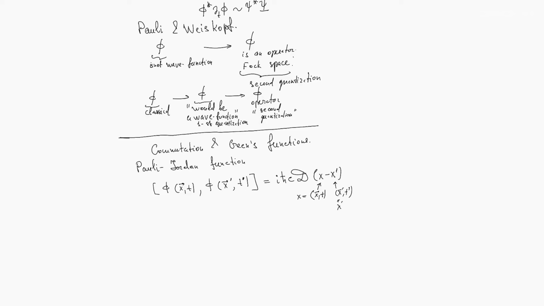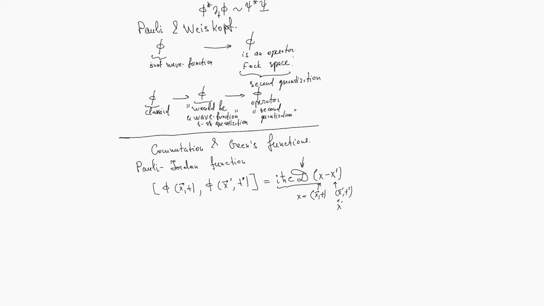By definition, it's a commutator of two quantum fields at different space-time points. Now, as we will see, this D is a function. It's not an operator. Although we are computing an operator, the result is, in a sense, a c-number, which is some number or some function multiplied by an identity operator, and the identity we never write. So D comes out as a usual function on space-time, depending on space-time points.